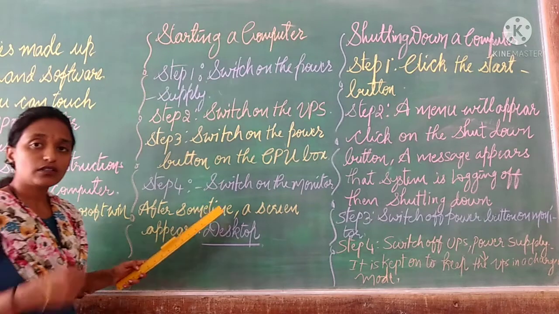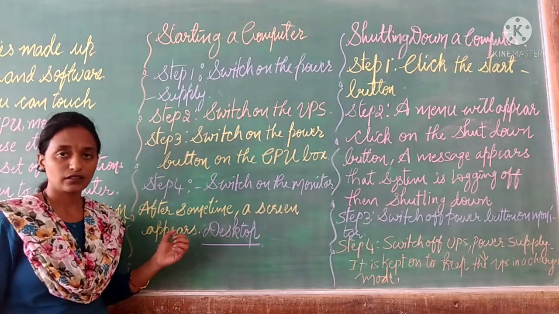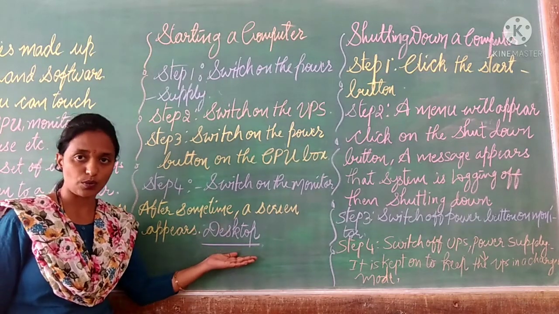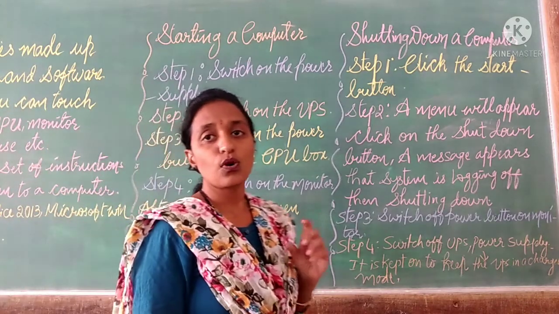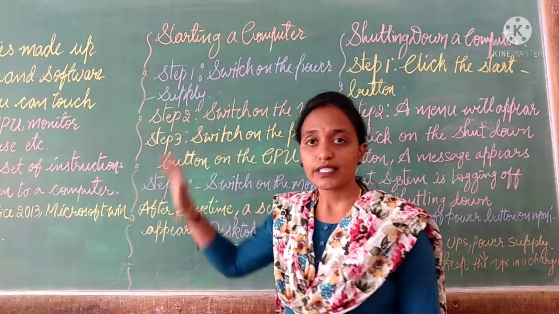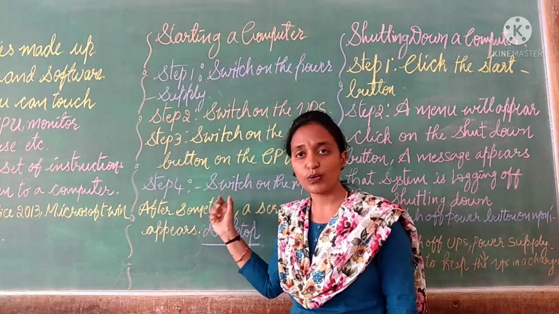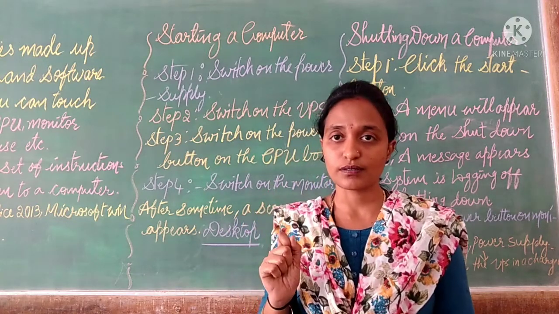When you switch on a computer, it will take a few minutes to turn on. A screen will appear. That screen is called desktop. Okay. Then, what do you mean by icons? A small picture on the screen. On the desktop, you will see small pictures. Those are called icons. Okay.